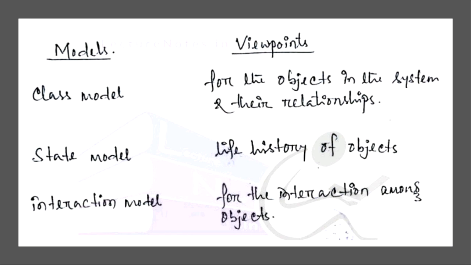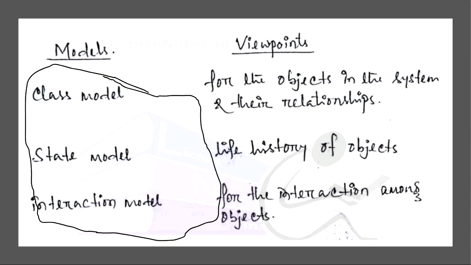Now, if I talk in a general way, how many types of models are there? Not in UML, I'm talking in general, in computer science. There can be a class model that will represent what are the classes in your system, what are the objects in your system. Or there can be a state model.